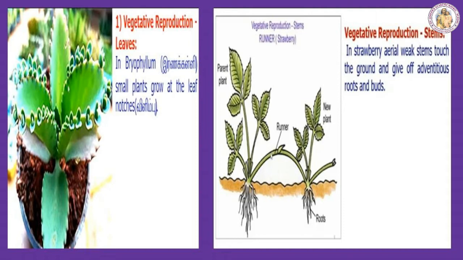When the connection with the parent plant is broken, the offspring becomes independent. A few days or a few months later, the parent plant's stem will break, so it will grow independently. Like this it continues. This is vegetative reproduction by stem as well as leaf.